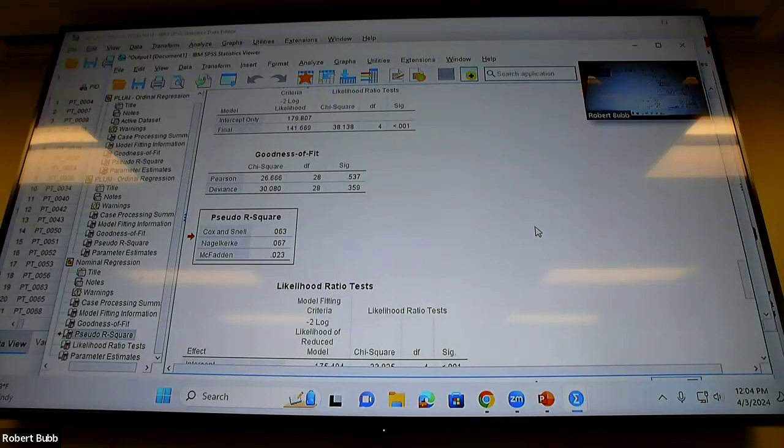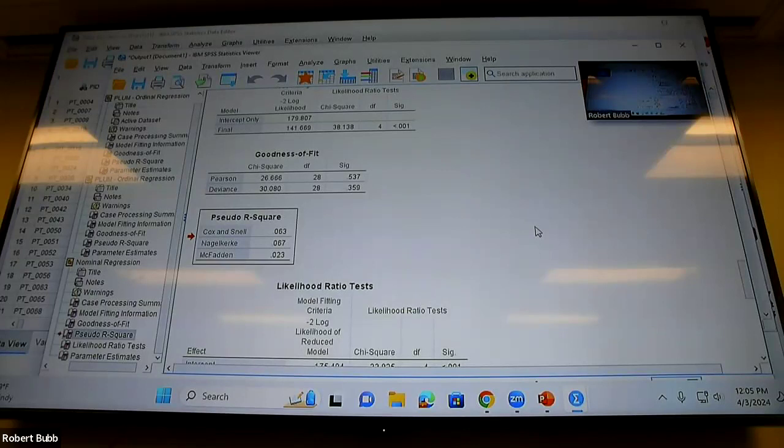Cox and Snell, because Nagelkerke controls for that adjustment. So it's going to be more accurate at higher values, something up like a 0.7. Here it is 0.06, a very small value. Nagelkerke will tend to overestimate slightly, but it'll be more accurate the larger the R squared value gets.